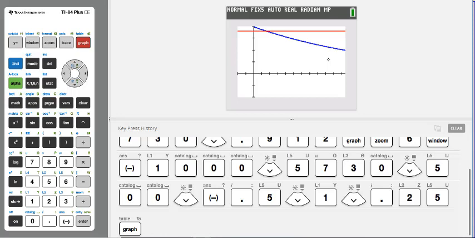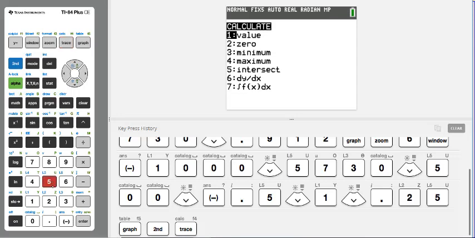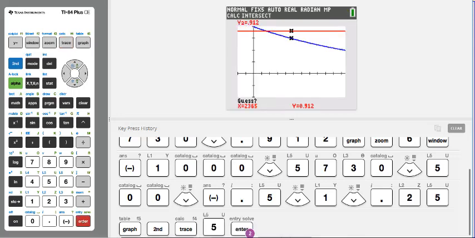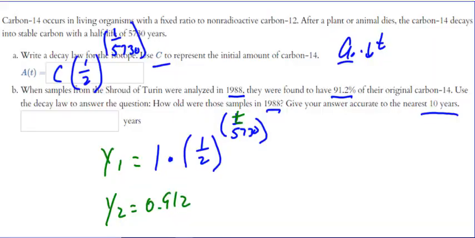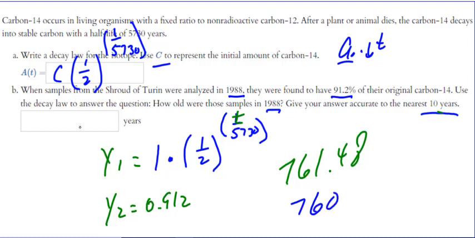And then my outputs from 1 to 0, right? 1 initial amount, and then 91% of that still left. So let's go second trace, 5, enter, enter, enter, and 761.48. So to the nearest 10 years, nearest I'd say is 760. There you go.